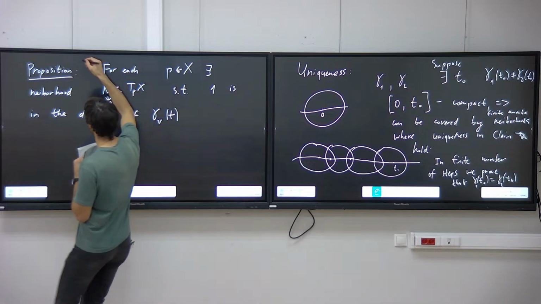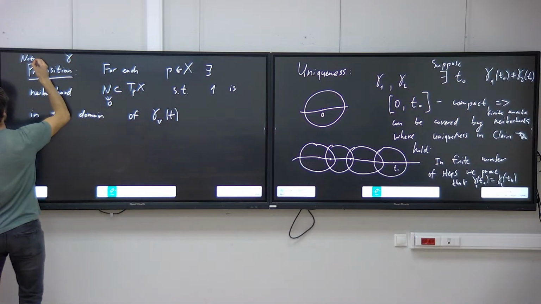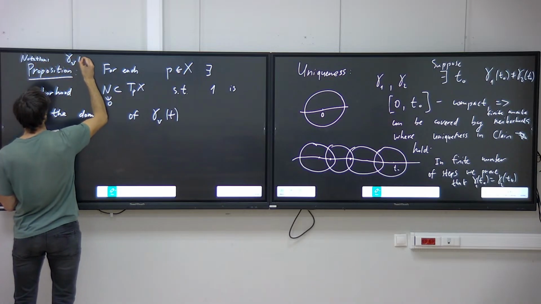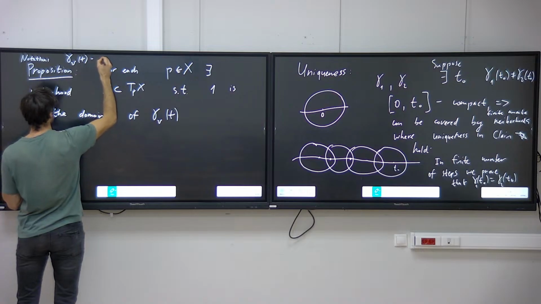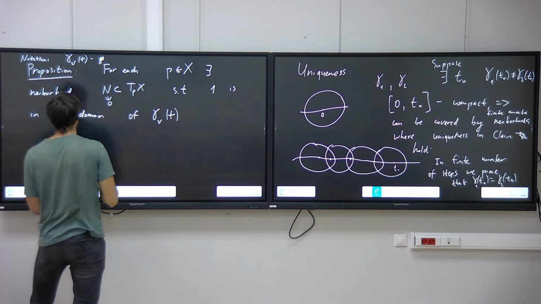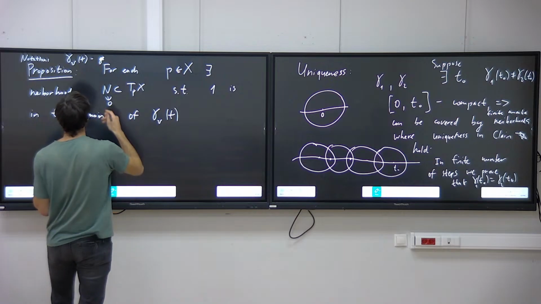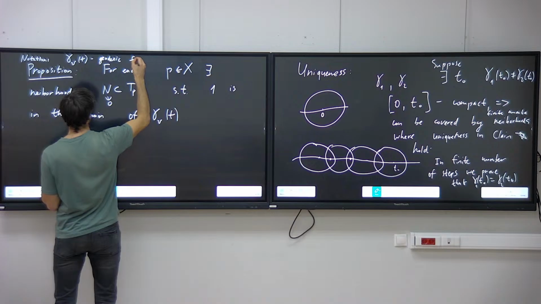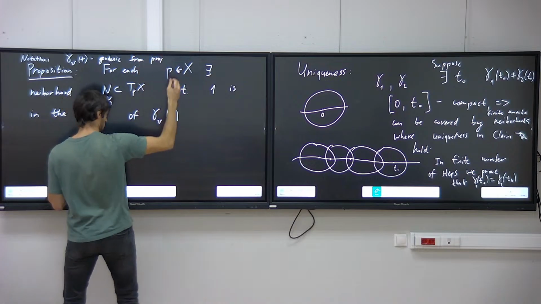So gamma_v(t), notation, is just a geodesic from the previous proposition.